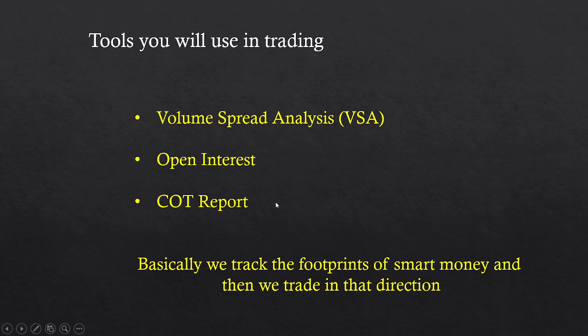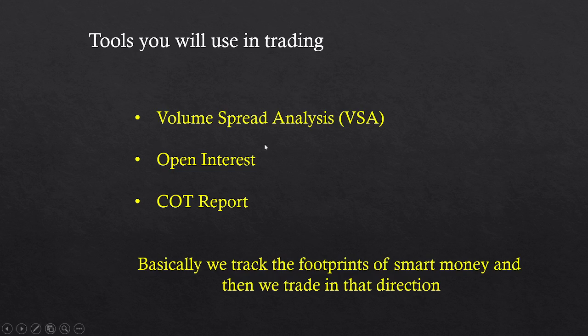whether buy or sell. And these three tools will help us to track the footprints of smart money, and then we will trade in that direction. When we do volume spread analysis, open interest and the COT report, then we will have an understanding of what the big fishes, the big players, the big banks, the big smart money, the professionals are doing in the market, either they are bullish or bearish.